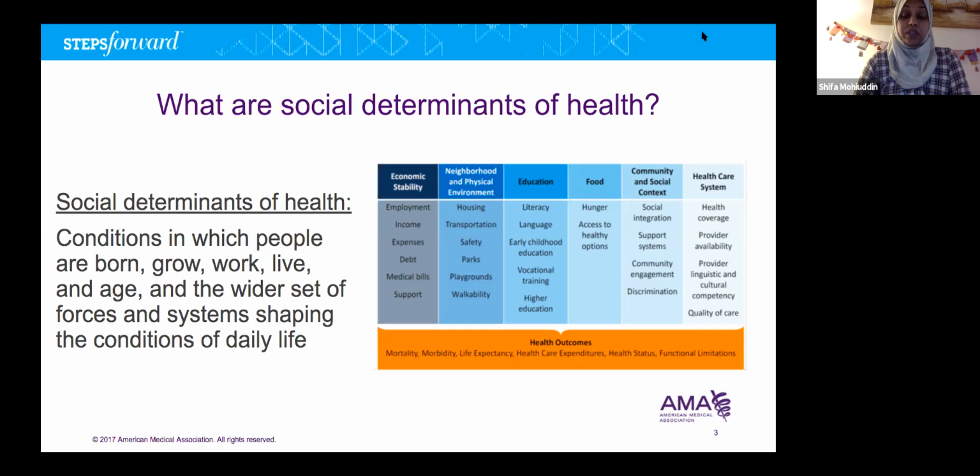These can really change depending upon your income status and the health of your own neighborhood. Are there sidewalks available in your neighborhood? Are there parks, and are there healthy food choices available in your neighborhood?